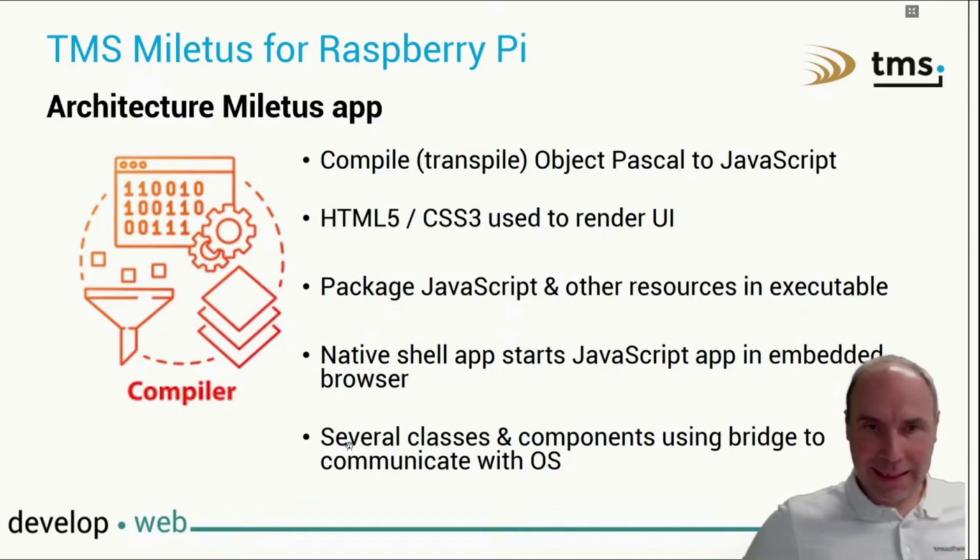This HTML and CSS combined with the JavaScript generated from Object Pascal is what will be running in the browser, and this together is packaged in a native application as a resource, and this native application will launch this JavaScript, HTML and CSS in the embedded browser.